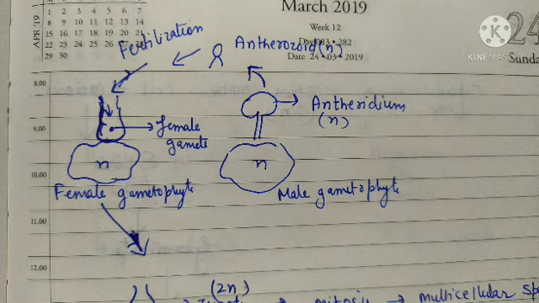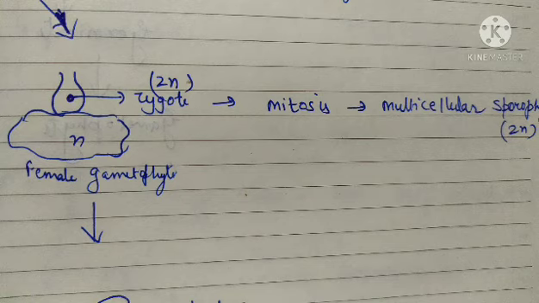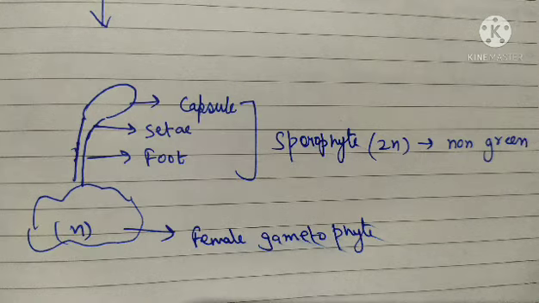On fusion of male gamete and female gamete, both haploid, a diploid structure is formed that is referred to as zygote. This zygote is diploid, and it will undergo mitosis and form a multicellular sporophyte. This sporophyte is non-green, it is dependent on the gametophyte for its food.